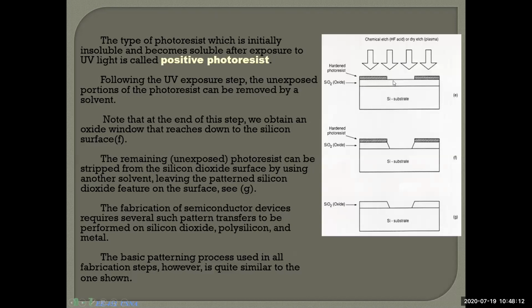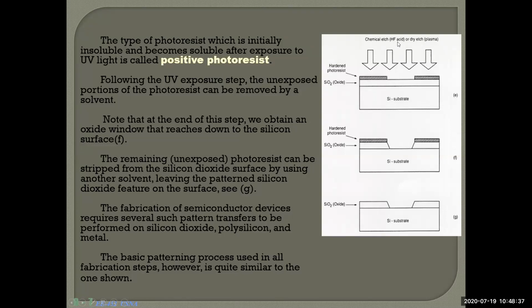Okay. Then you apply a different type of acid, HF acid. That means hydrofluoric acid. This hydrofluoric acid will not do anything to photoresist, will not do anything to substrate. It will only affect the silicon dioxide layer.